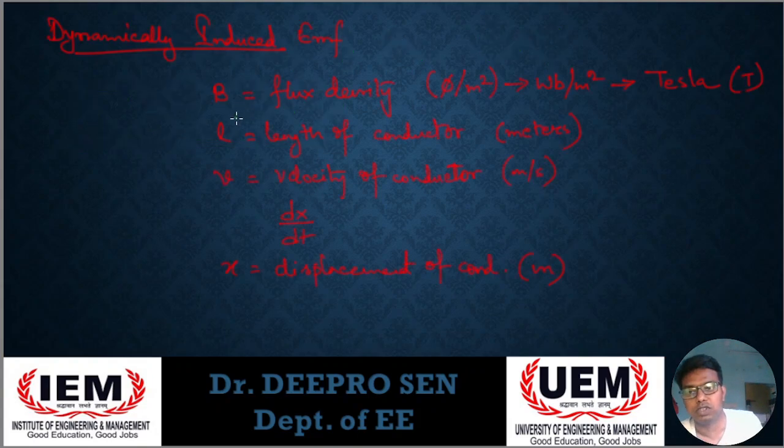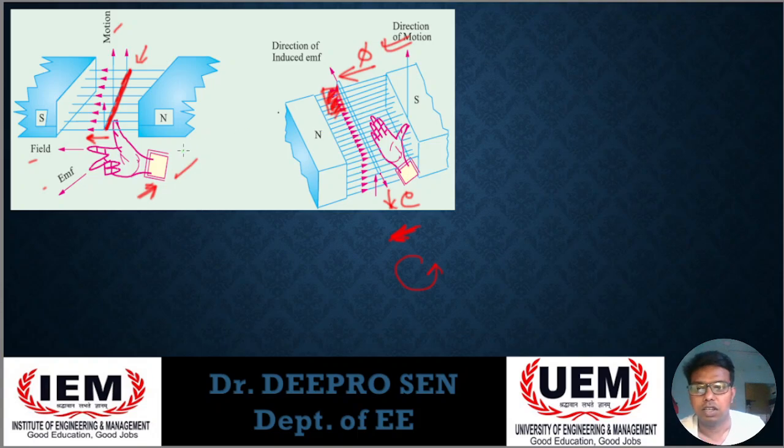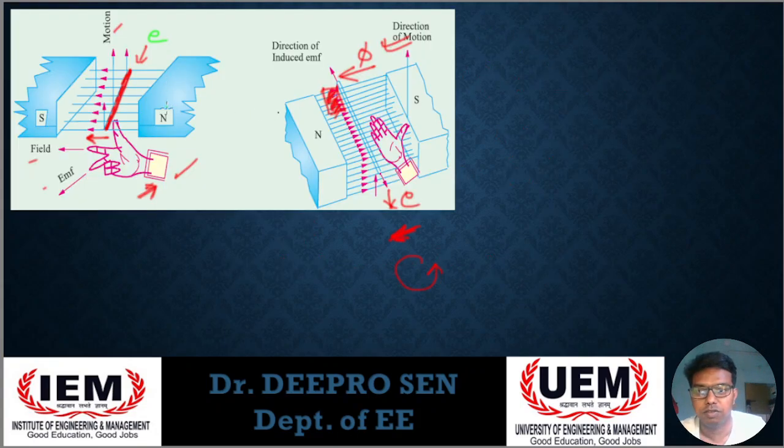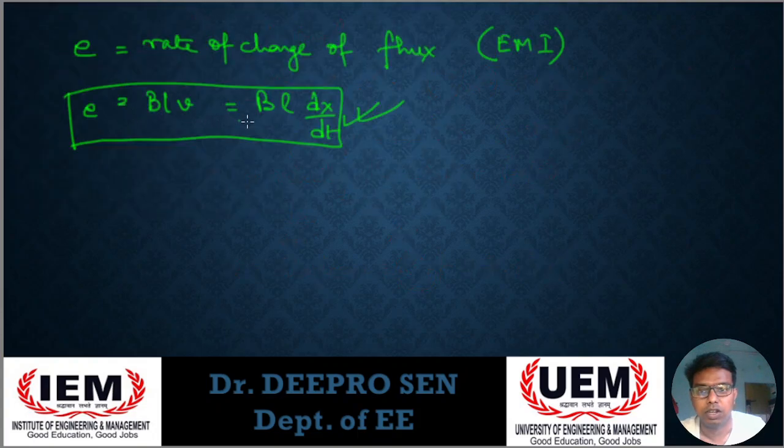Now this goes both ways. That means if you give an EMF to this conductor, then the force it will experience is given by this expression. Okay, and if you give the force to this conductor in the presence of the magnetic field, then the EMF it will experience will be given by this.